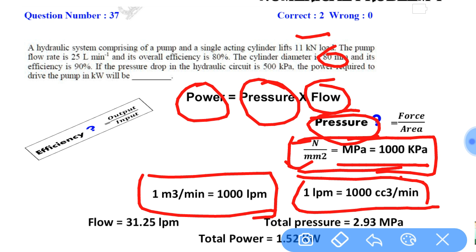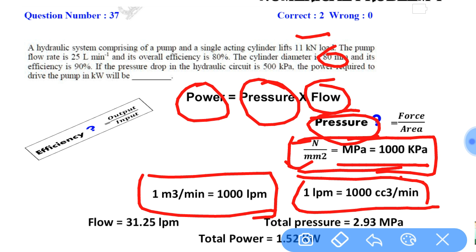Now we'll see efficiency. There are two efficiencies considered in this. One is the efficiency of the pump, and another one is the efficiency of the motor, of this actuator. So efficiency is nothing but the output divided by the input.